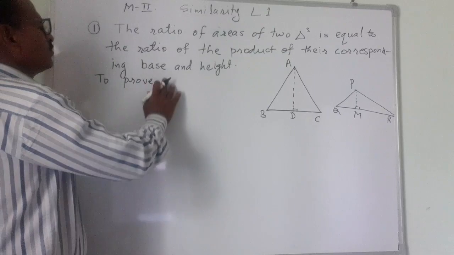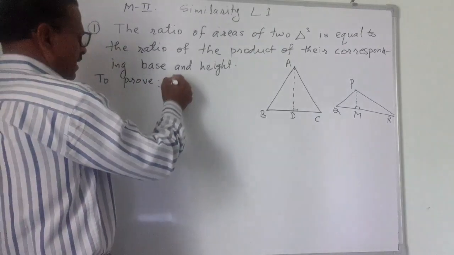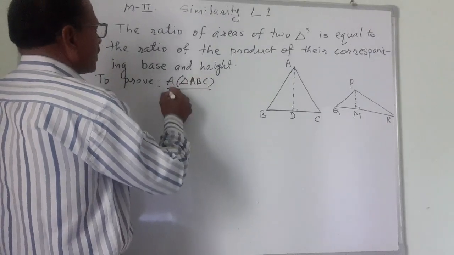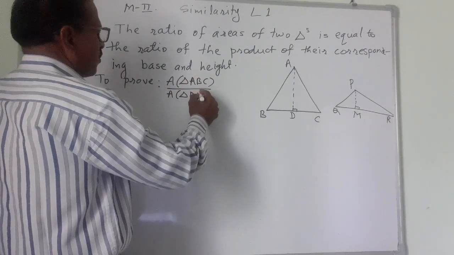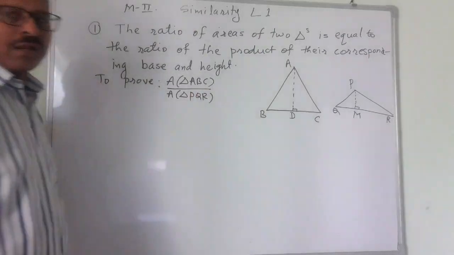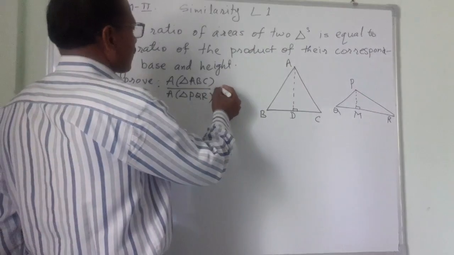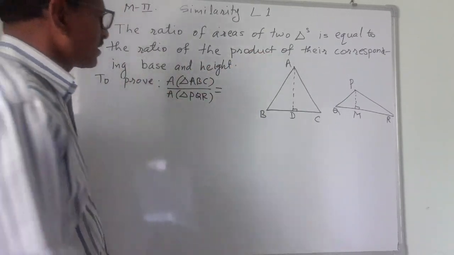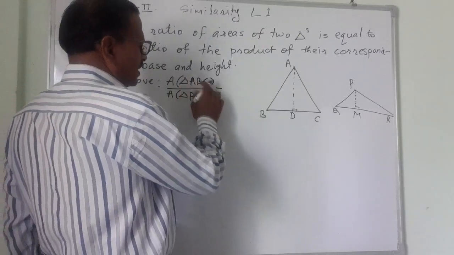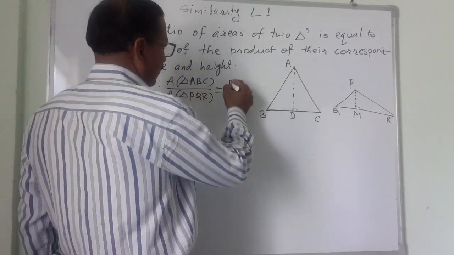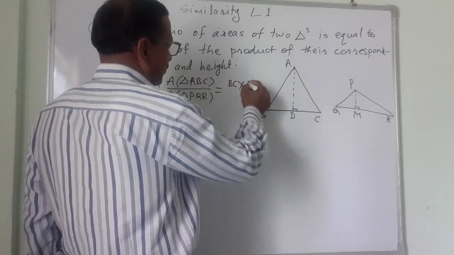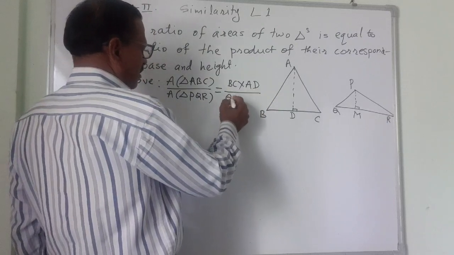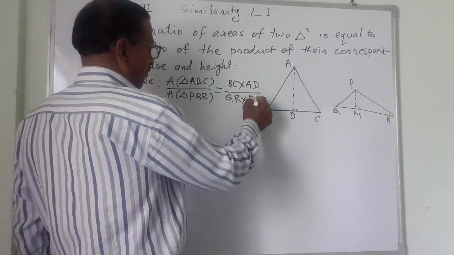What we have to prove: area of triangle ABC upon area of triangle PQR is equal to the ratio of the product of their corresponding base and height. Means the area of triangle ABC, its base BC into height AD, upon, for this triangle, QR into PM.